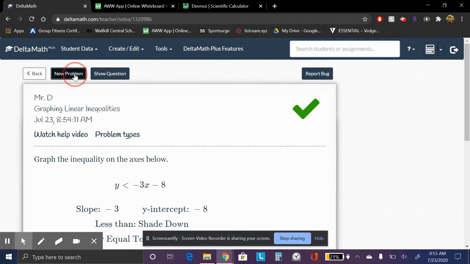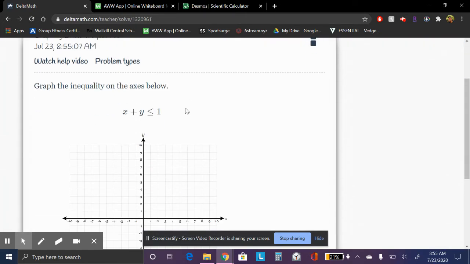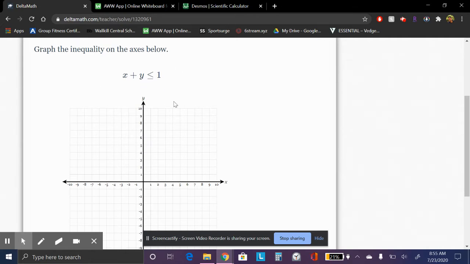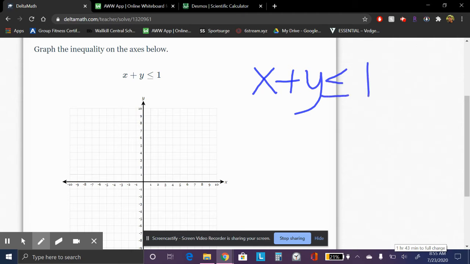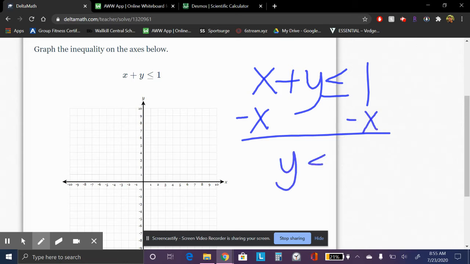Okay, new problem. This one's not in y equals mx plus b form. That's not a bad thing. Let's look. x plus y is less than or equal to 1. So I'm going to write that over here, and I'm going to get y by itself by subtracting x from both sides.